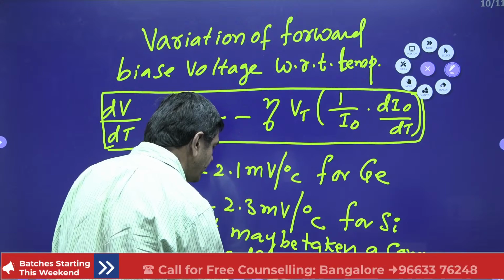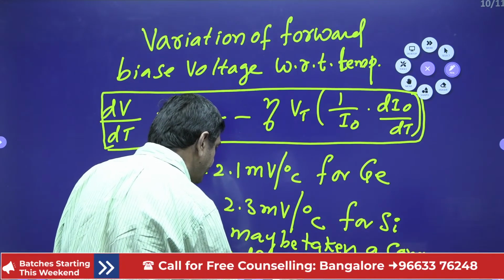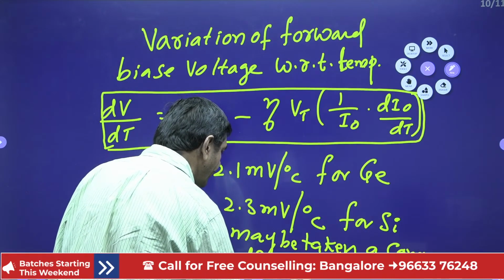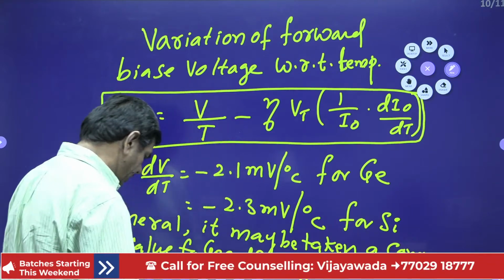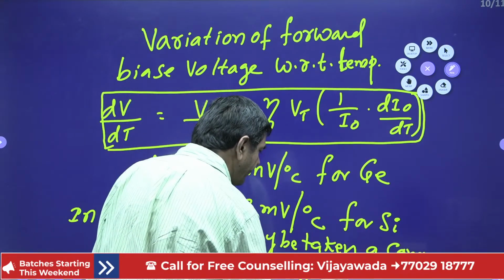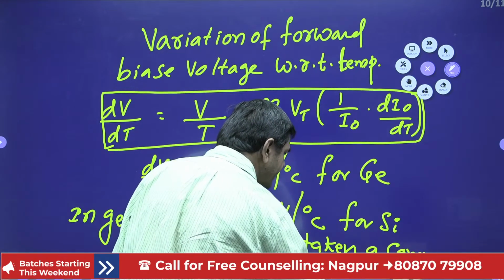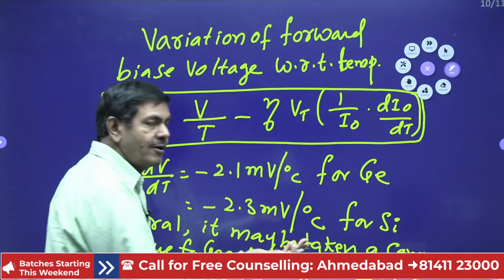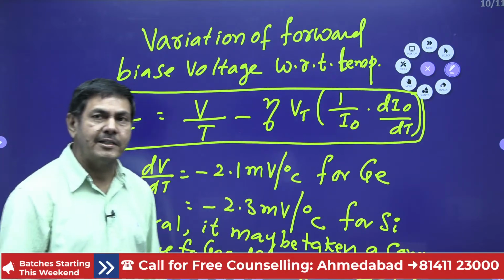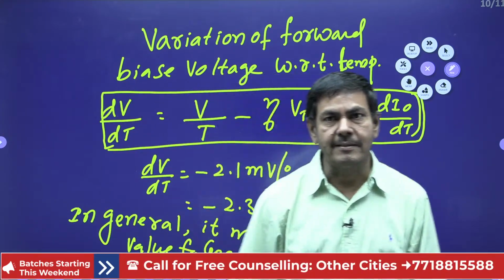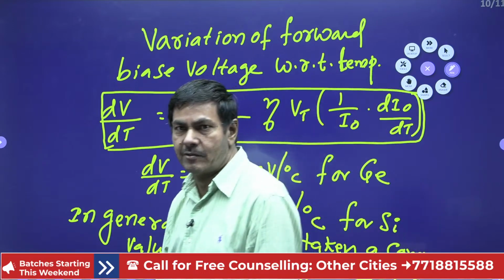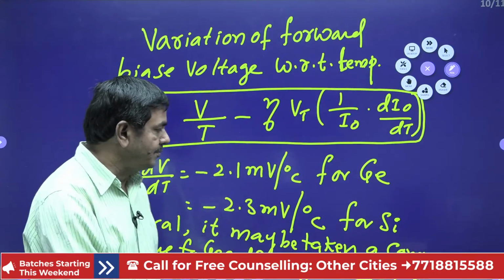For silicon, dV by dt equal to minus 2.5 millivolts per degree centigrade. In general, they will put minus 2.5 millivolts for any question. It's not a big matter. It doesn't change much, and this value is directly acceptable.